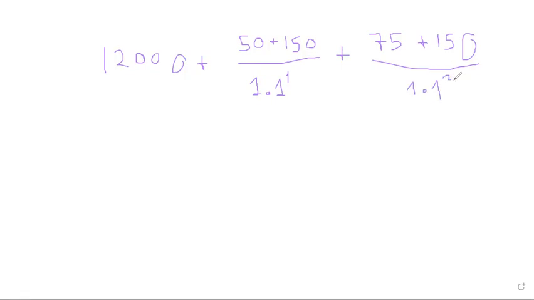And finally, for the remaining years, we just have to pay attention to do the summation now from year 3, from year 3 to year 20. And for the remaining years, we'll have to add 100 to 150. So 100 plus 150 over 1.1 to the power I.